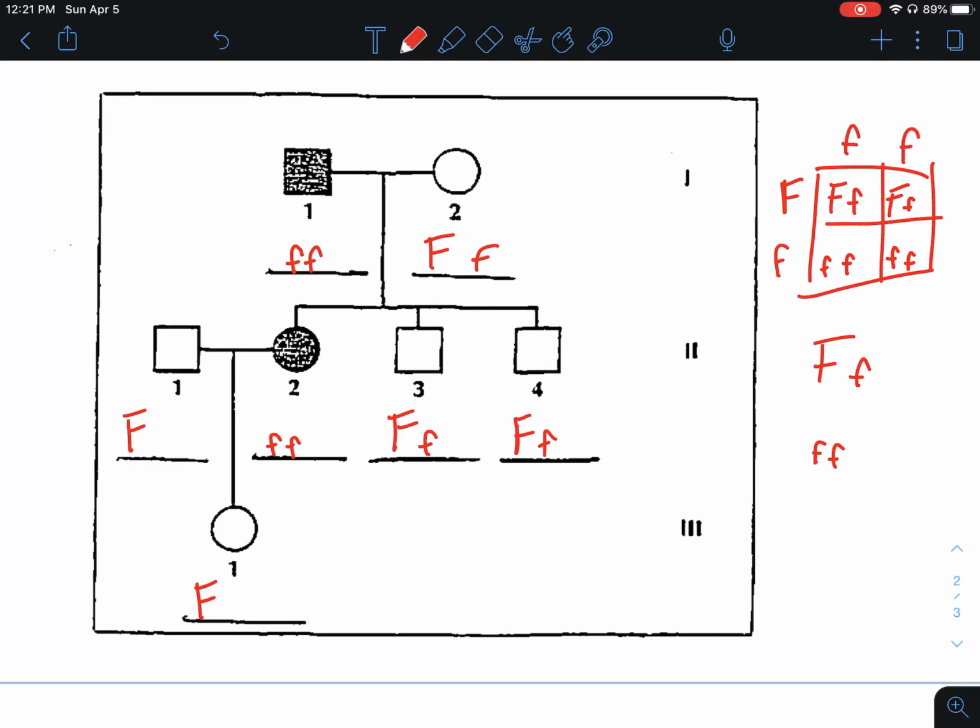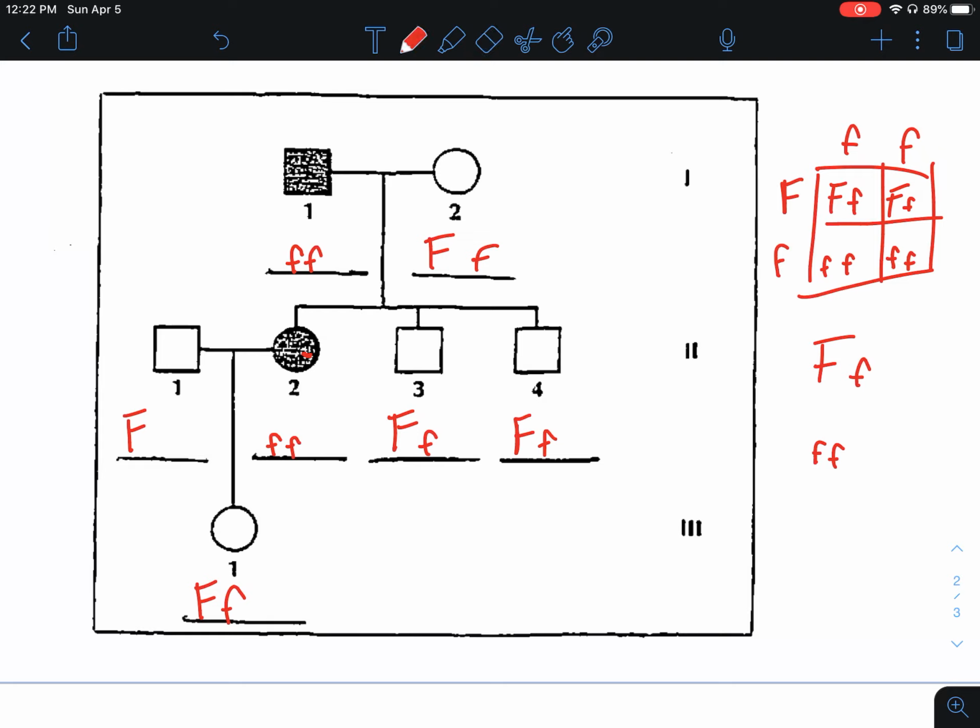But we can definitely tell that the daughter, this one right here, has to be a heterozygote. How do I know that? It's not showing the trait, so we know one capital is in there. But the mom right here can only pass a lowercase f to her offspring. So that means this female, generation 3, has to be a heterozygote.